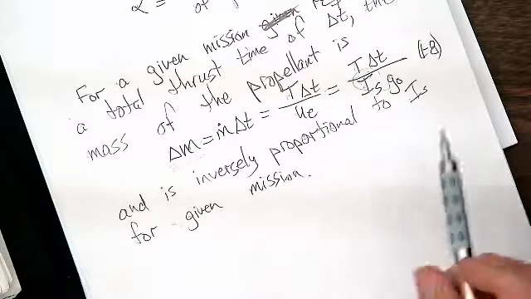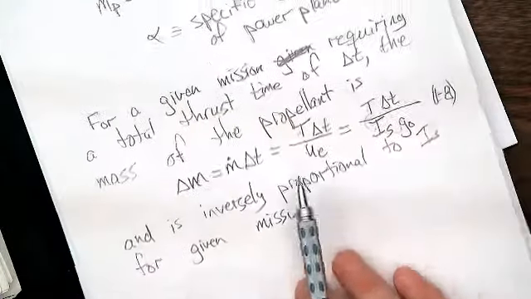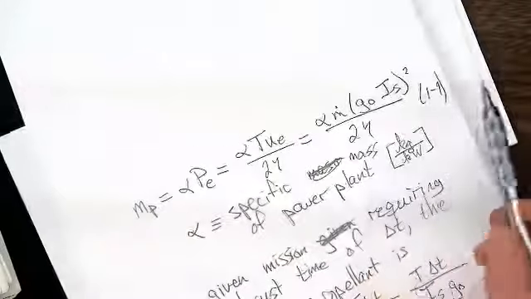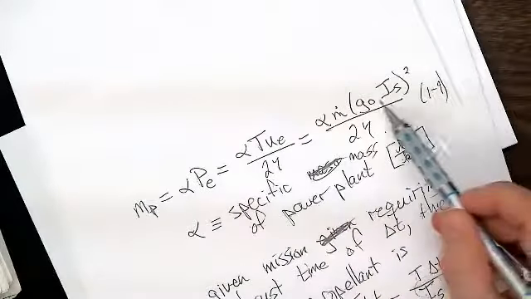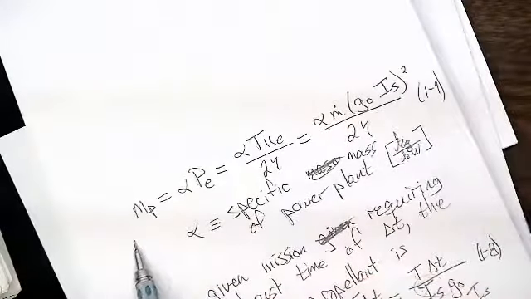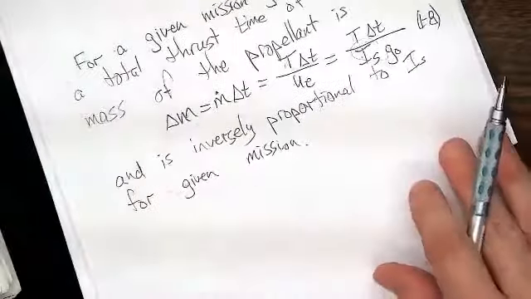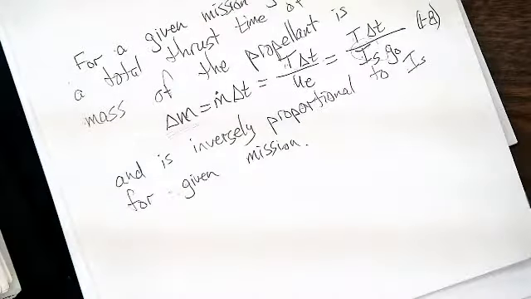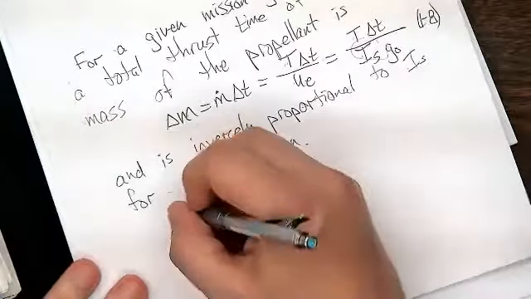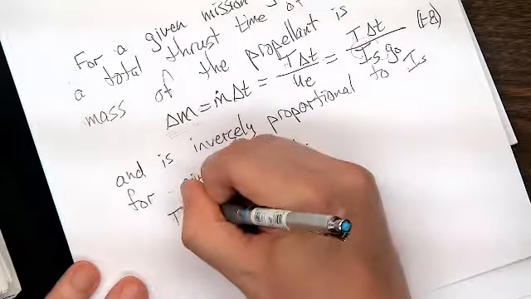But then as we go up in specific impulse, the power goes up, right? So we have this weight penalty that is working against us. So that means there'll be an optimum value of the specific impulse.